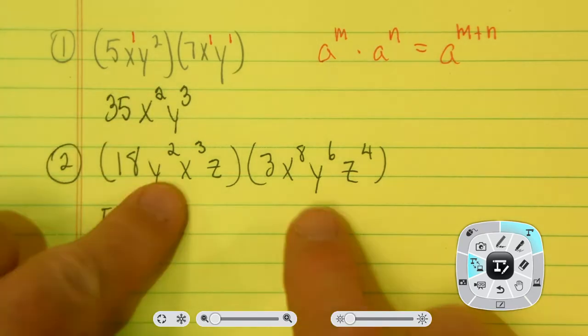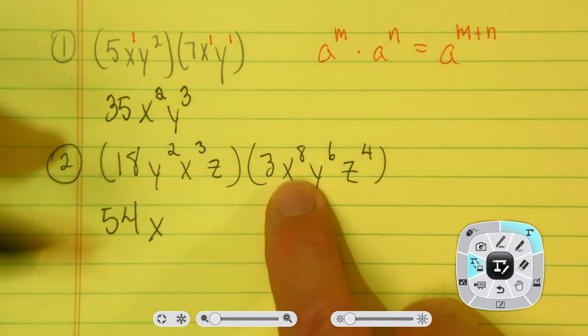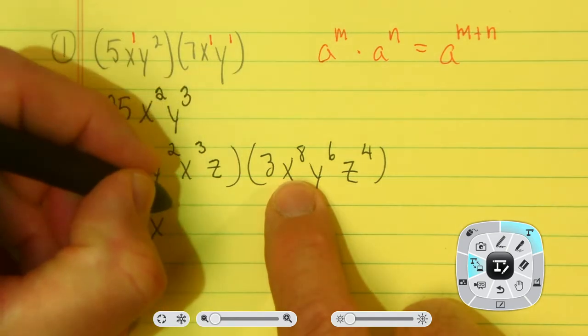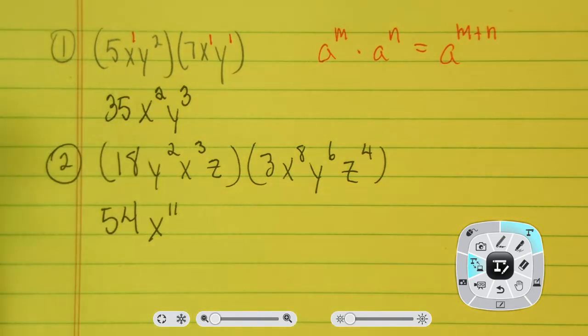So I have x to the third, and I'll match it with this same base, x to the eighth. I'm talking about the base, the part that does not have an exponent. So x to the third times x to the eighth will be x to the what? The 11th. That's correct. All I had to do was add 8 plus 3.